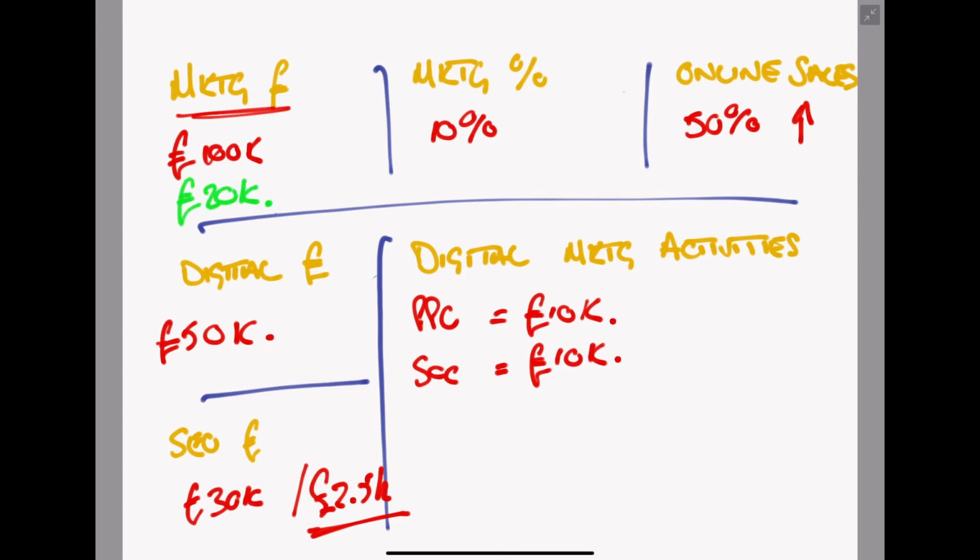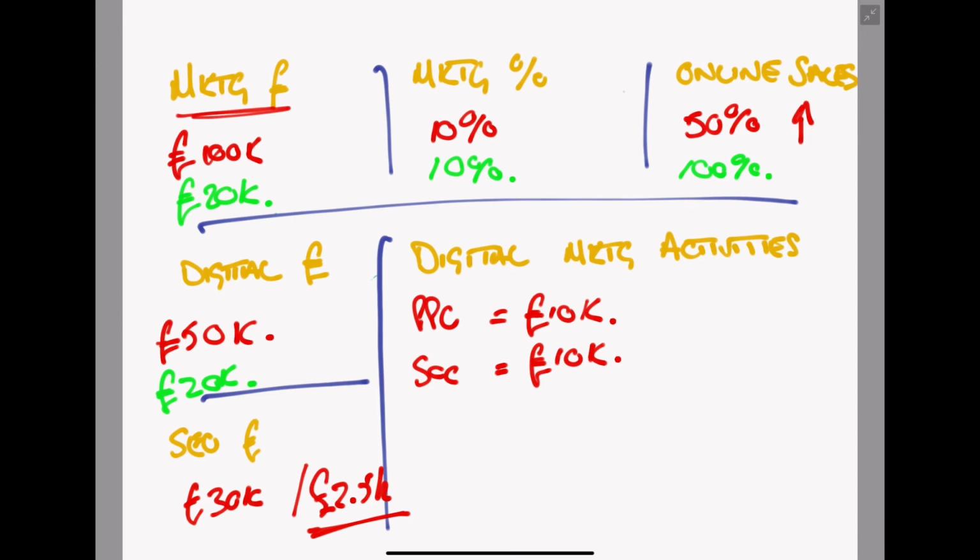Let's stick with the 10%. So they're turning over 200,000 a year and they've got a marketing budget of 10%. That's fine, but they are 100% online, so we don't need to take anything off for digital marketing. So digital marketing is also 20k.